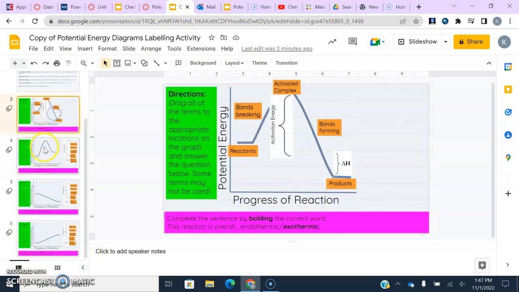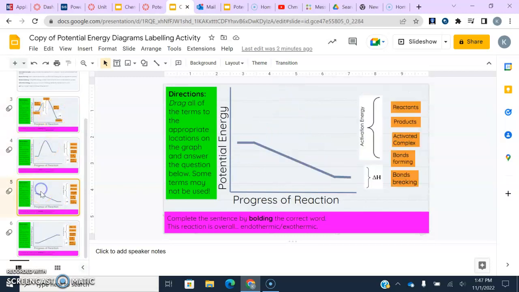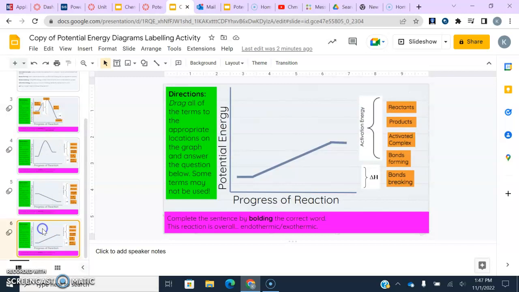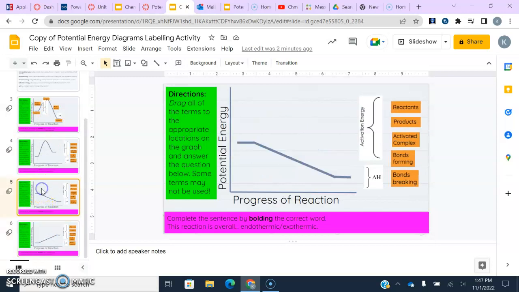Problems 1 and 2 have a very clearly defined bump, and then 5 and 6 do not. The reason for this is because there's no activation energy needed here. The reaction is already in progress, so that's why we're not seeing that.